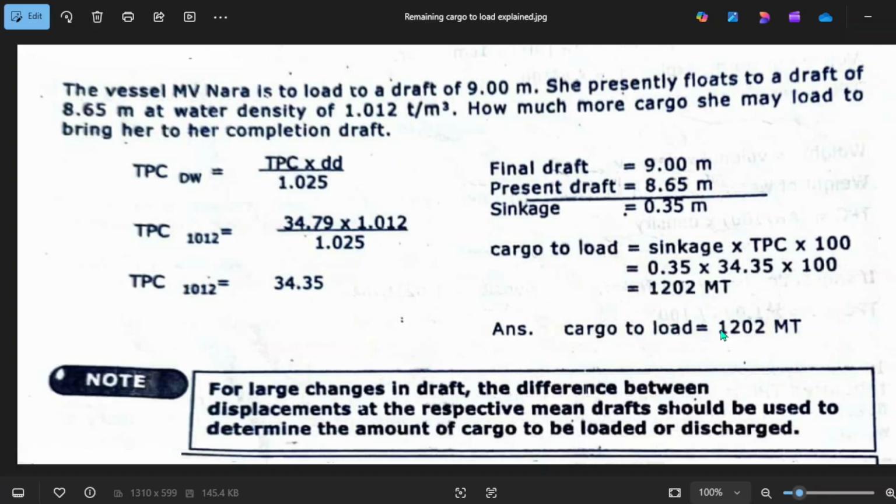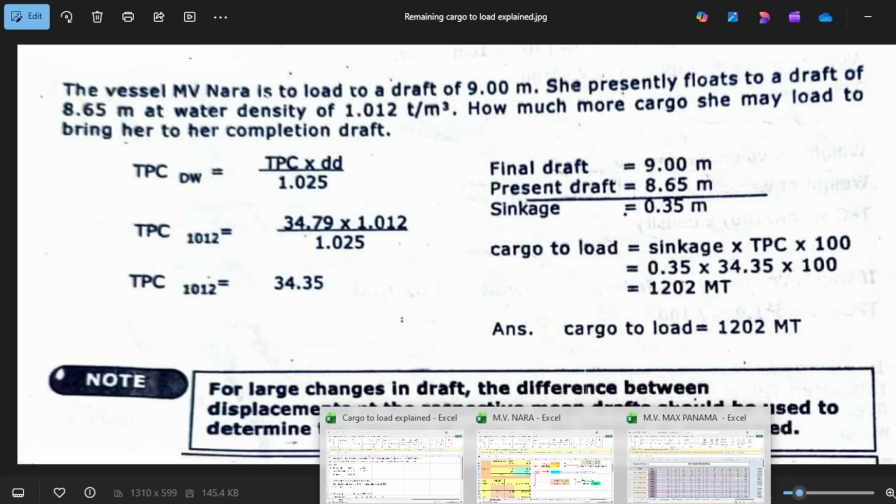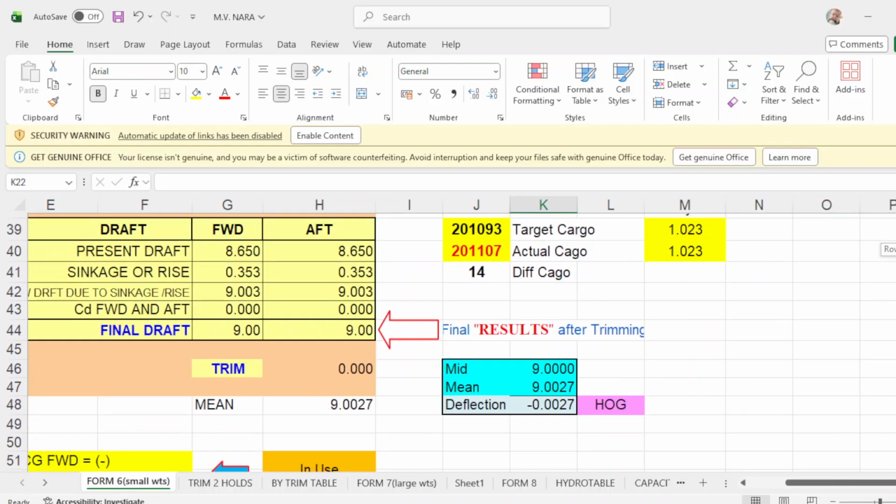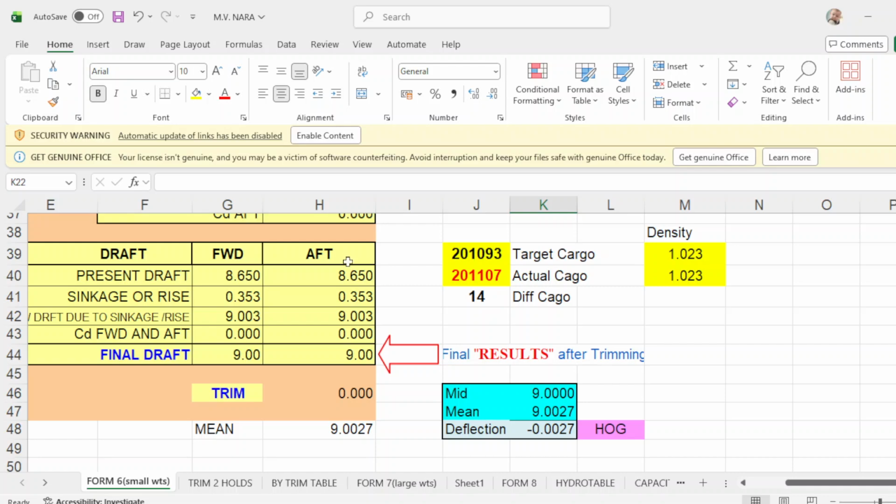Okay, that we both agree. But when I load 1,227, I got the exact mid drop of 9 meters and the sinkage of 35 meters. We did the same drop, forward of 9 meters and up drop of 9 meters, 0 trim and mean of 9 meters and 0 deflection.